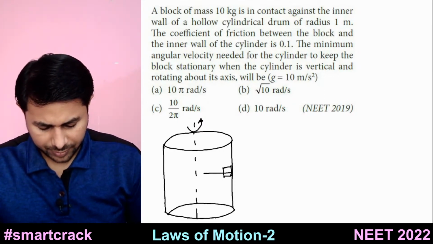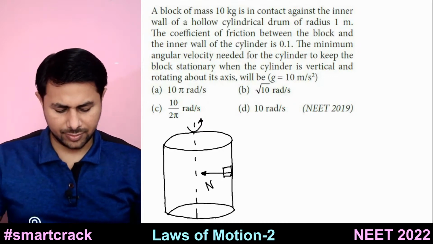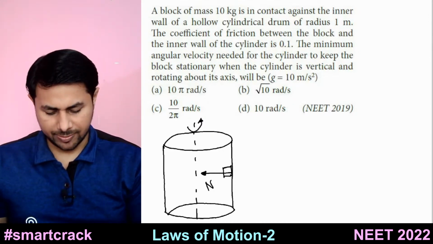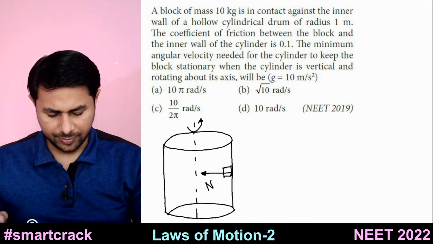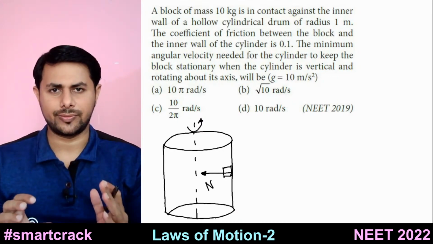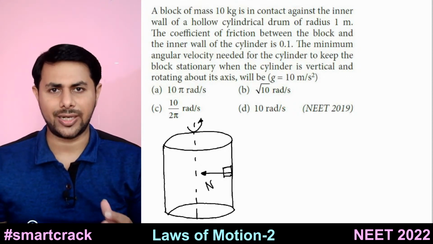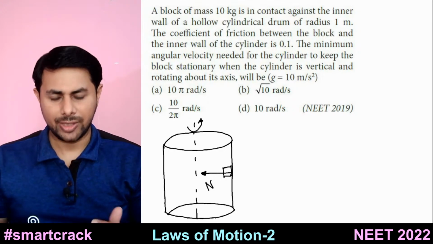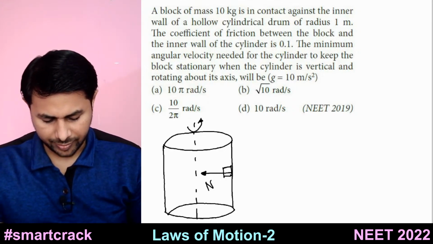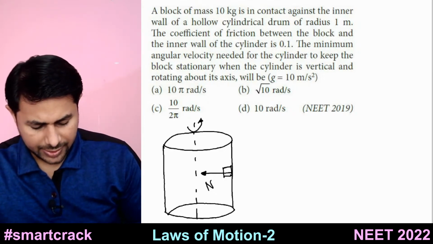So this is the normal reaction. Okay, and then there is some friction between this block and the surface of the cylinder, so that friction will not allow the block to fall down. Now we have to find out how much this normal reaction should be. The normal reaction in this case is directed along the radius and towards the center, so it provides the centripetal force.